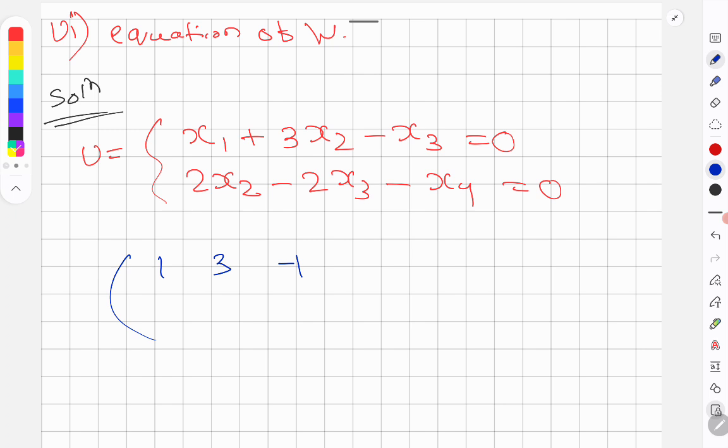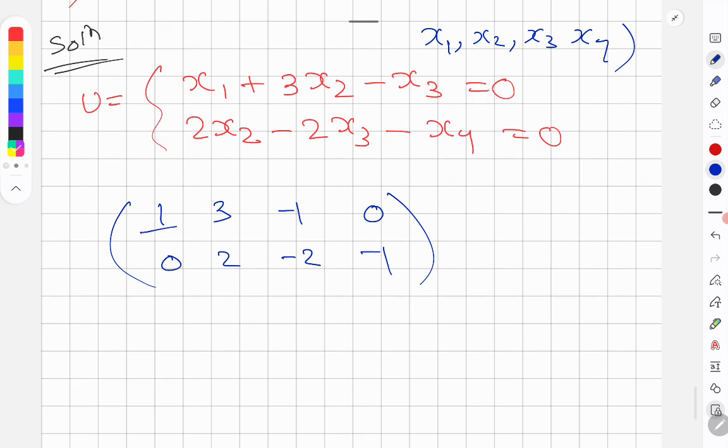You see this is x1. In these lines you have 4 variables: x1, x2, x3, x4. For this line, x4 is 0, and here 0, 2, minus 2, minus 1. So it's already in row echelon form.